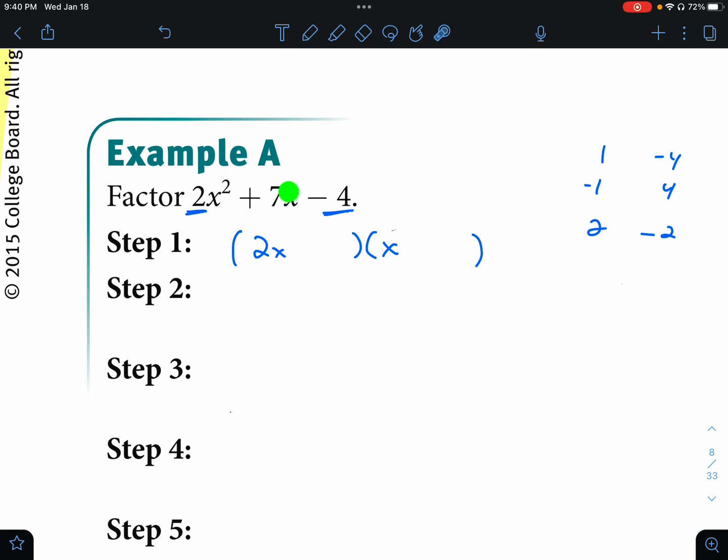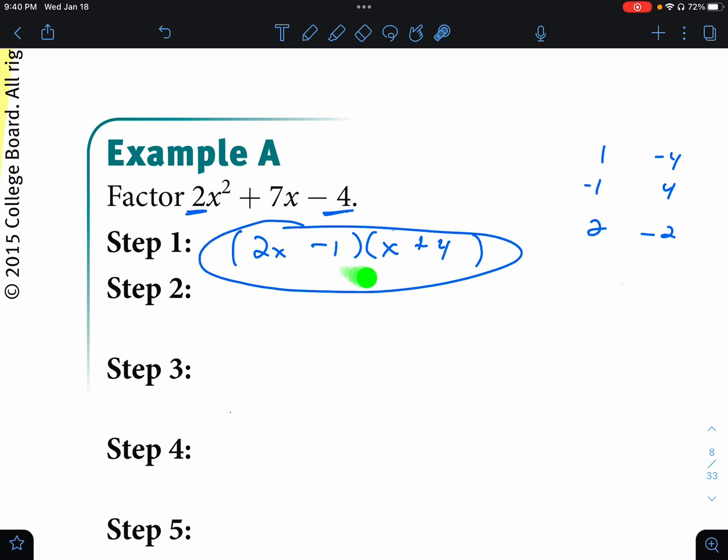And so I want the middle term to add up to 7x. So if I use a 4, that's going to give me an 8 and a 1. I think I like that, right? I want a positive 8x, and then a negative 1x for my middle terms to get me to that 7x. So that's guessing and checking.